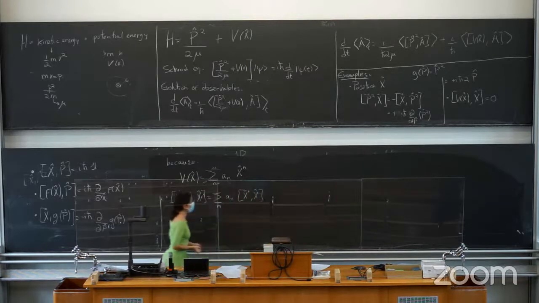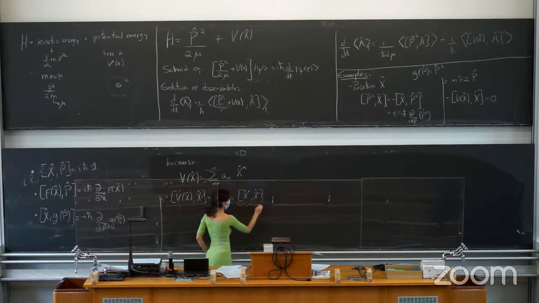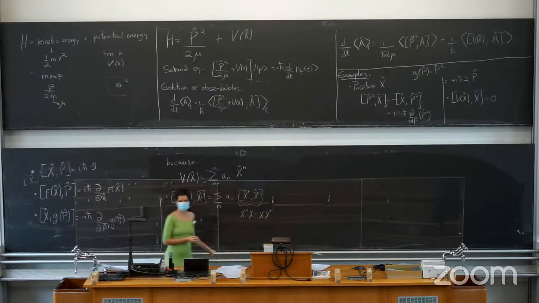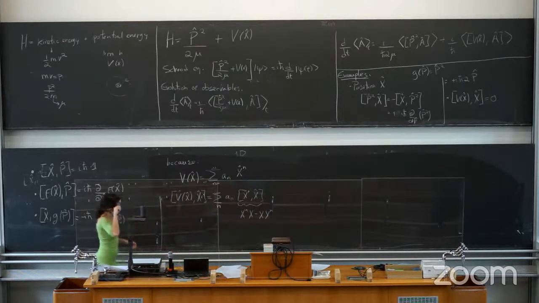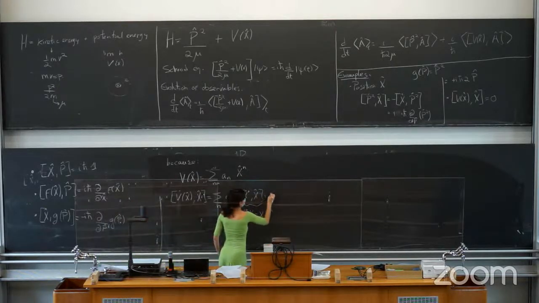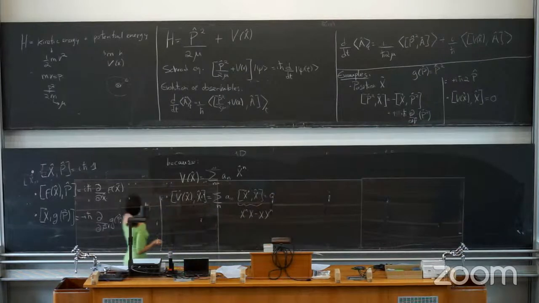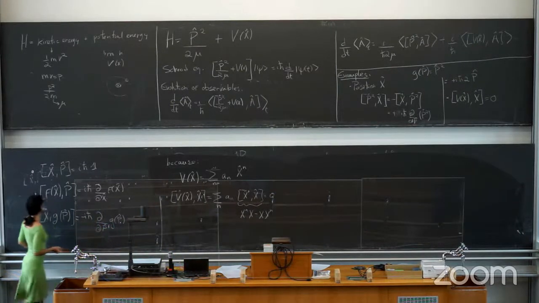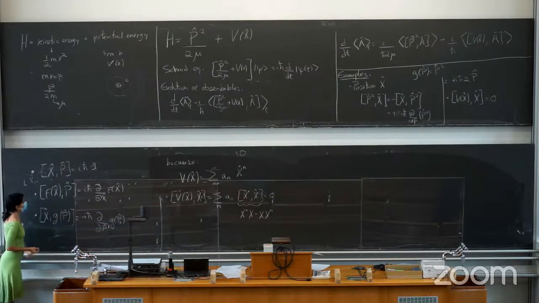And this is just x to the n times x minus x times x to the n, and that's 0. So in general, maybe I can add this to the building blocks. I think that's useful.